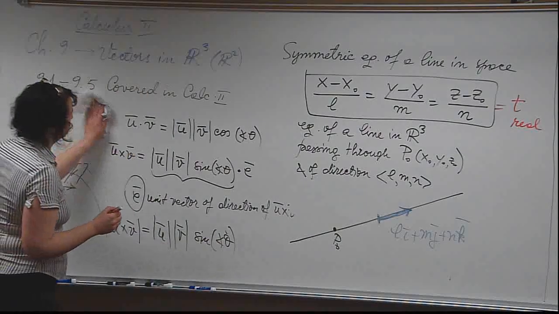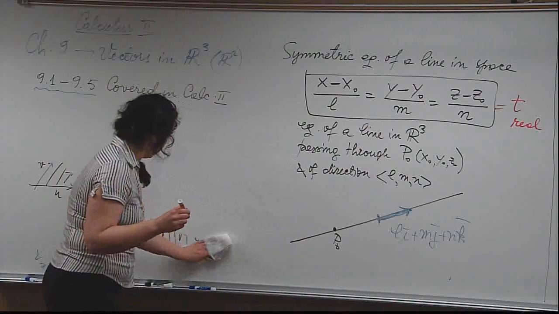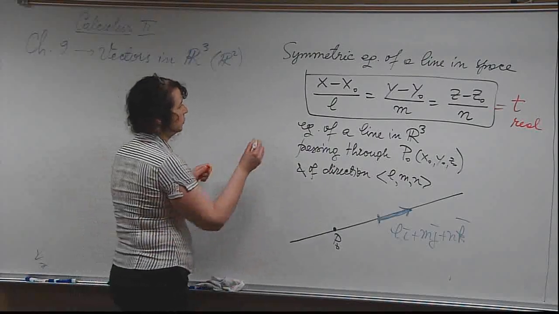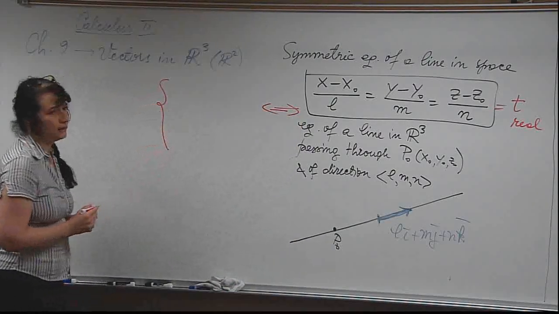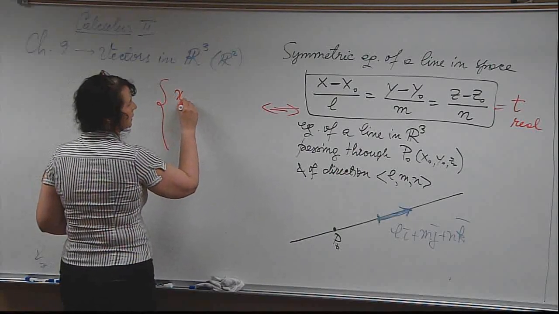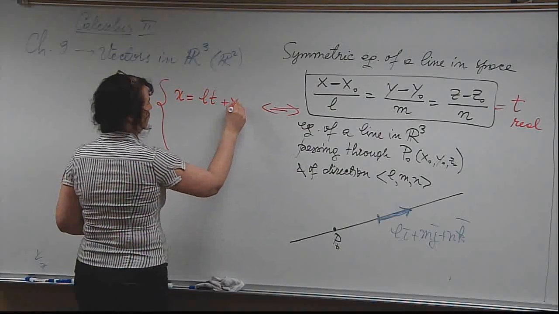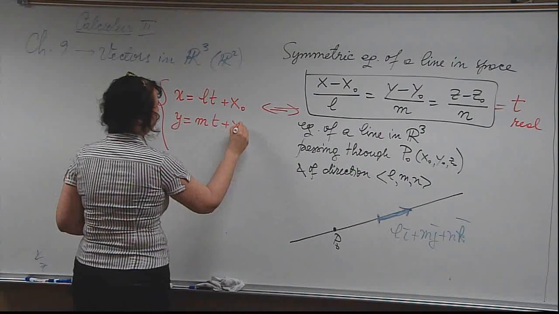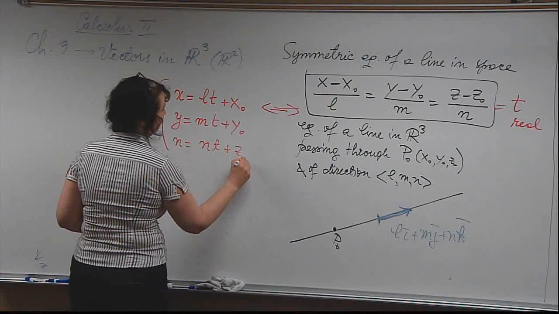And then we erase the board and write the three equations that govern. I'm going to put if and only if x, y, z satisfy the following: x equals Lt plus x0, y equals mt plus y0, z equals nt plus z0.